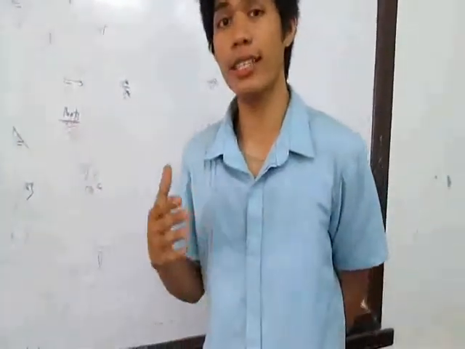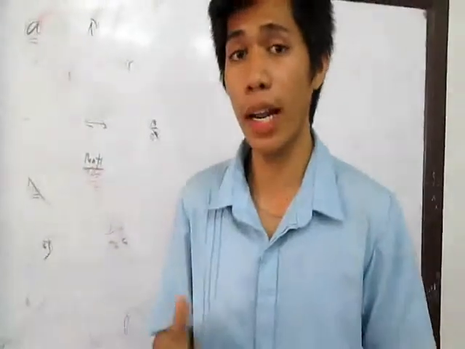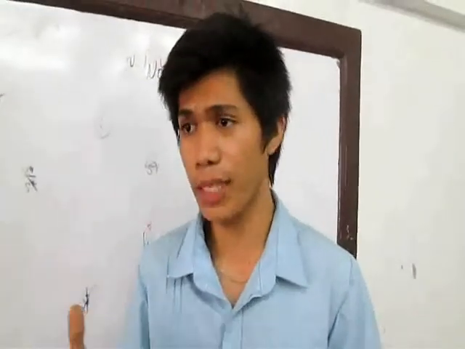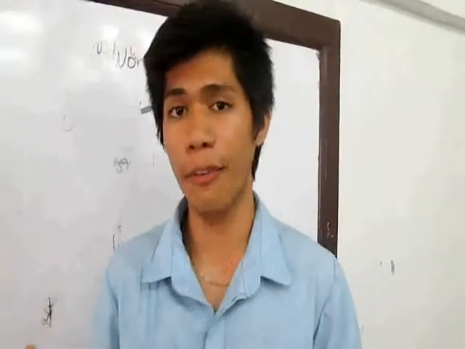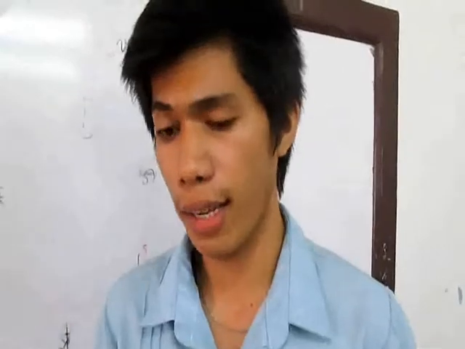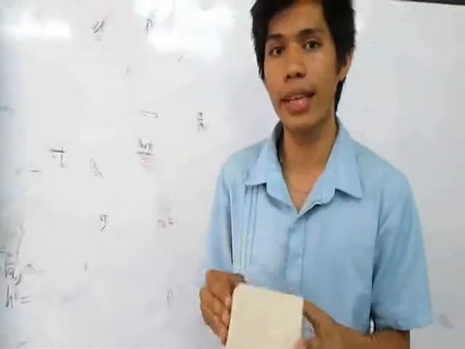Okay class, our next topic is about parallelepiped, and a parallelepiped is a prism whose bases and lateral faces are parallelograms. I have here the example of a cubic parallelepiped.